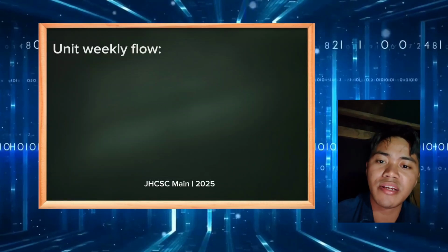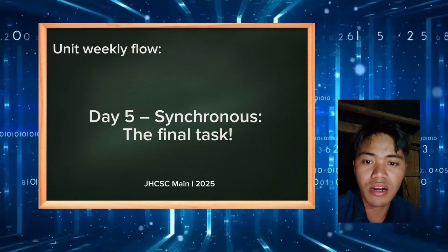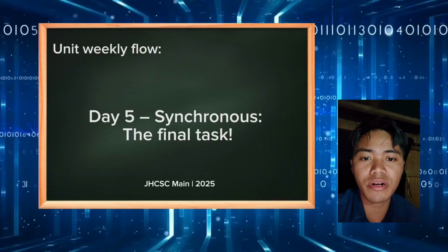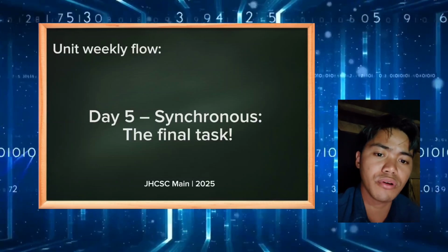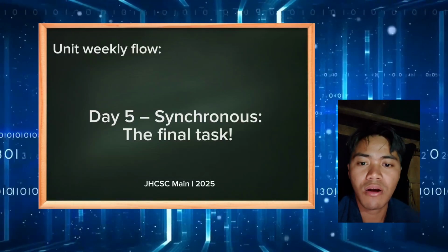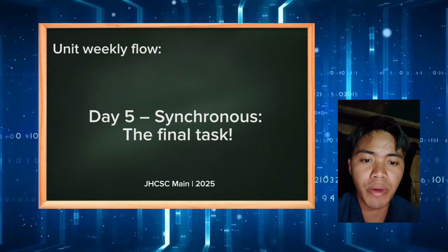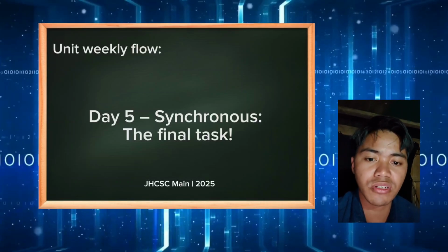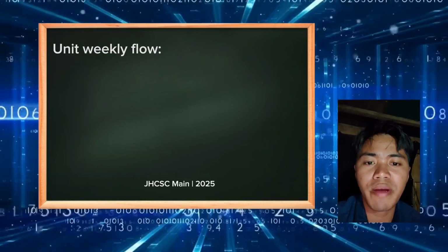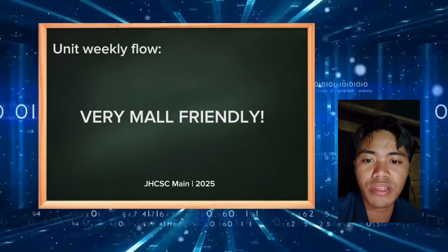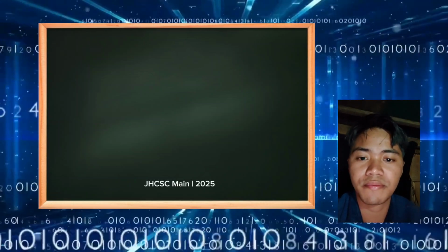And for our last day, day 5, synchronous: the final task. Learners will pair up to record a one-minute dialogue about a topic like favorite food, favorite hobbies, or school subjects. This is followed by peer review and a final reflection journal. This structure balances guided instruction with independent practice, very MALL friendly.